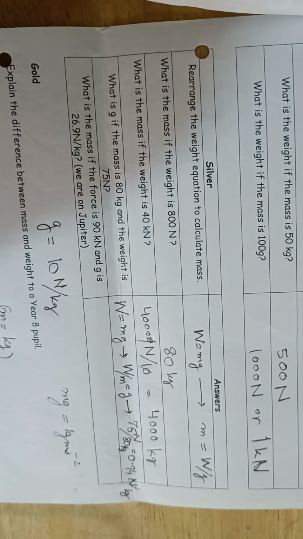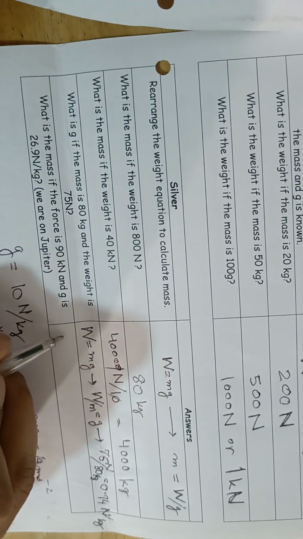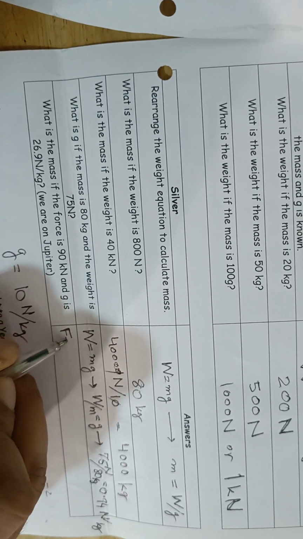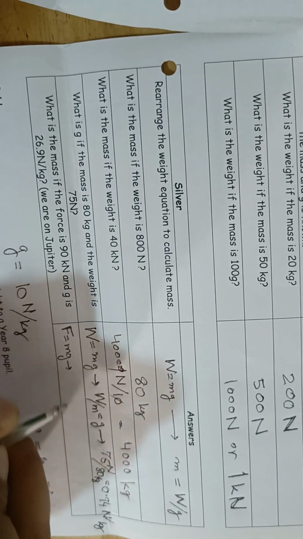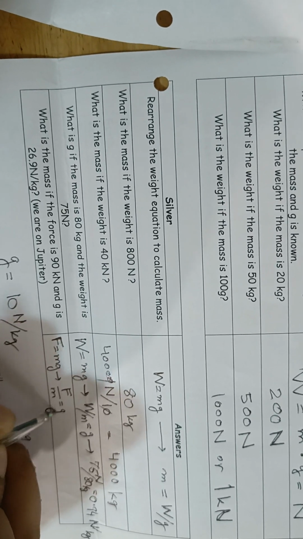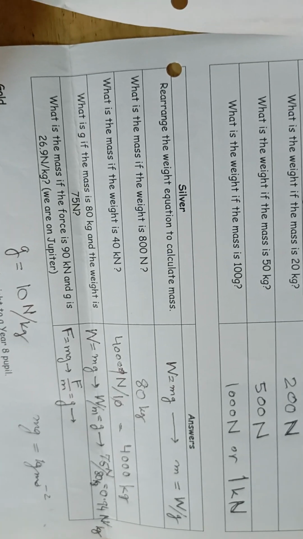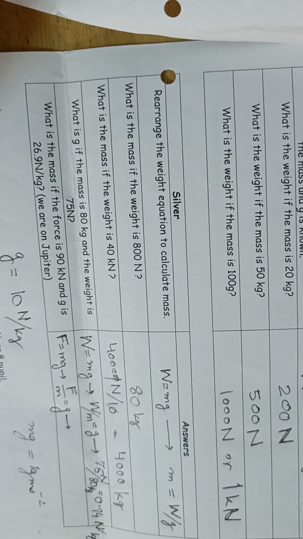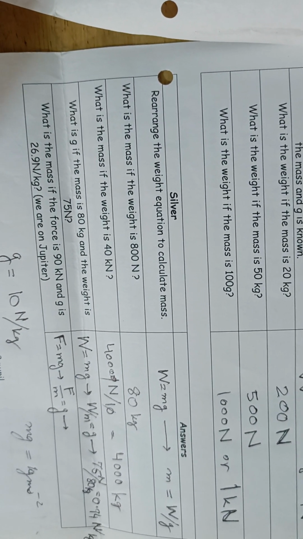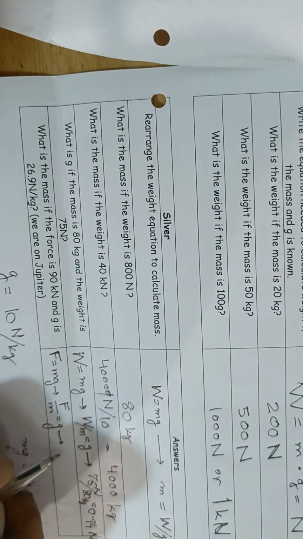Right, what's the mass if the force is 90 kilonewtons? F equals mg. Sorry, I should have done that one mentally. So F over g.